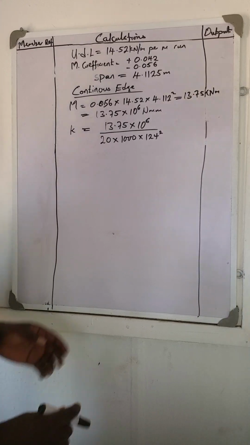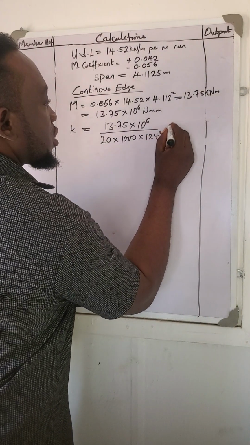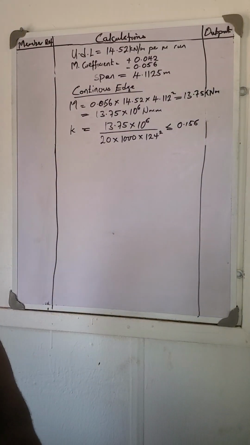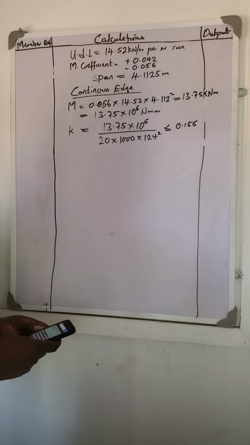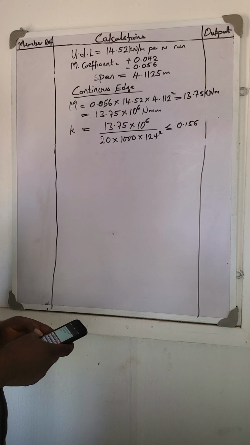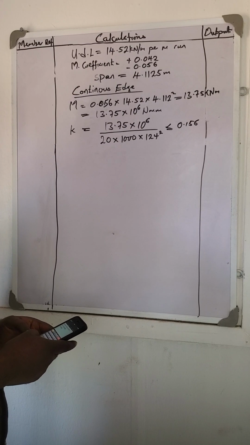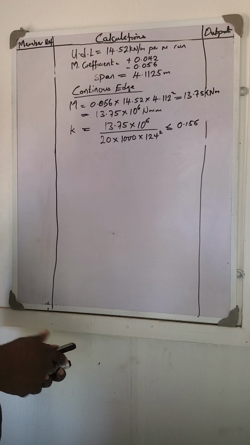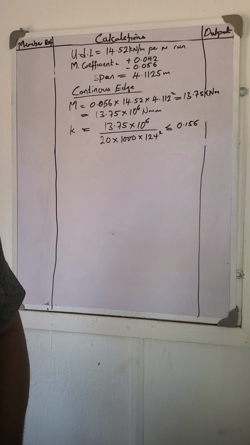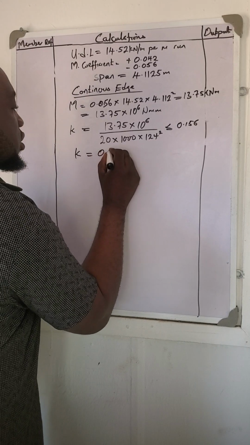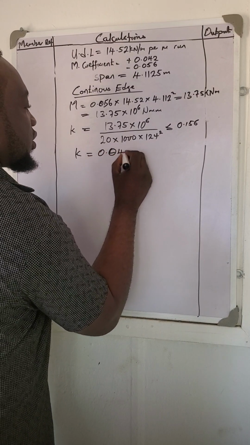Alright. So we have this is less or equal to 0.156. Okay. When we compute this, 13.75 exponential 6 divided by 20 multiplied by 1000 multiplied by 124 squared, we are going to have K is 0.045.